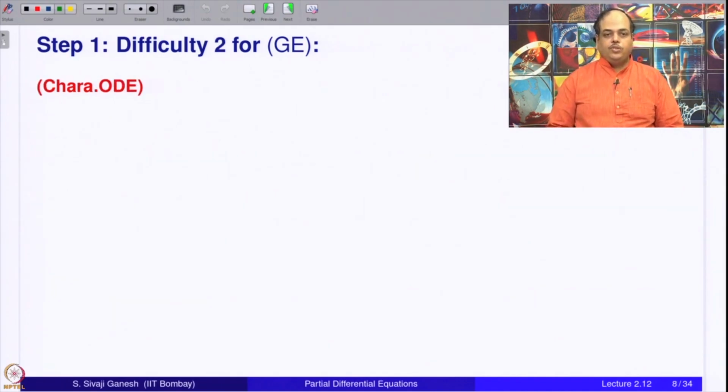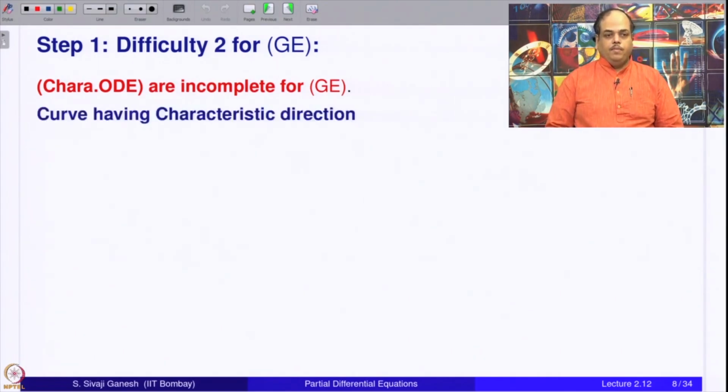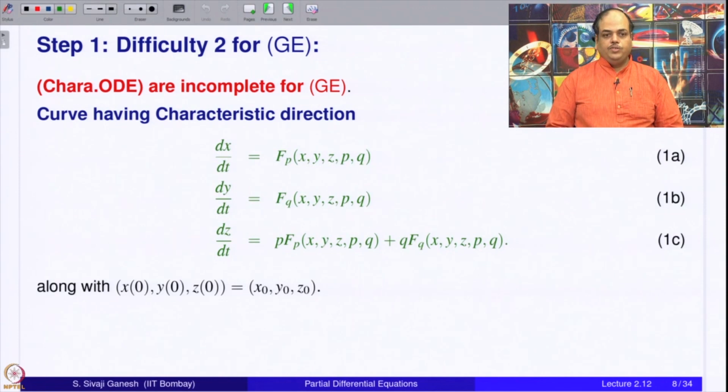Now, what is difficulty number 2? The characteristic ODE system is incomplete for GE because we were looking at finding a curve having the characteristic direction, given by dx/dt, dy/dt, dz/dt equal to (F_p, F_q, p F_p plus q F_q). We were looking at solutions to this whose image will be a curve, with the condition x(0) equal to x0, y(0) equal to y0, z(0) equal to z0.